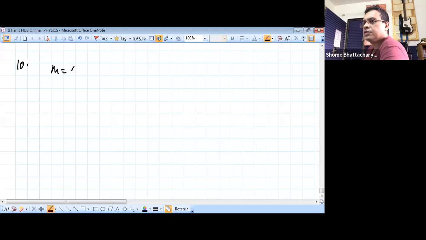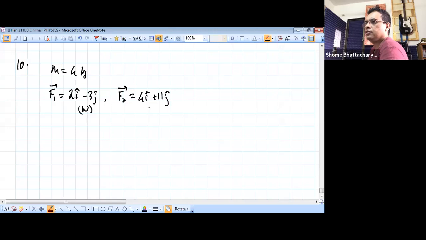So the mass of the object is given to us as 4 kg. And the two forces acting on the body are 2 i cap minus 3 j cap, and the second force equal to 4 i cap plus 11 j cap, both in newtons.